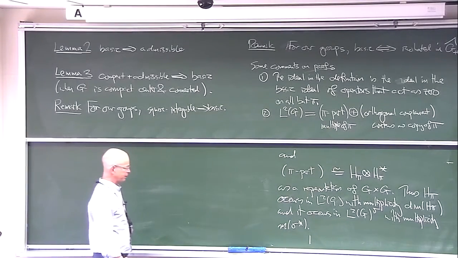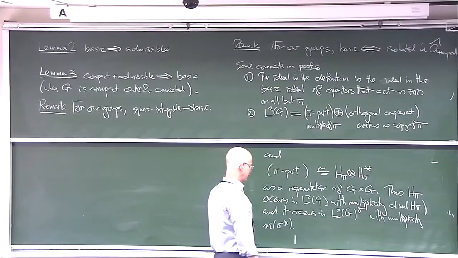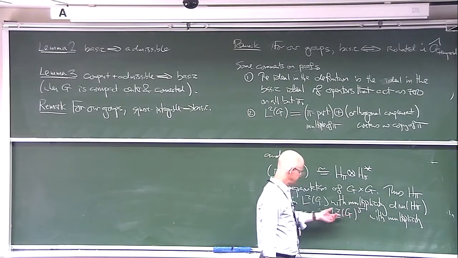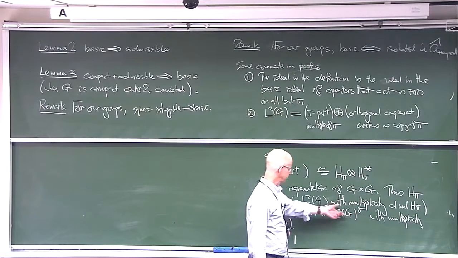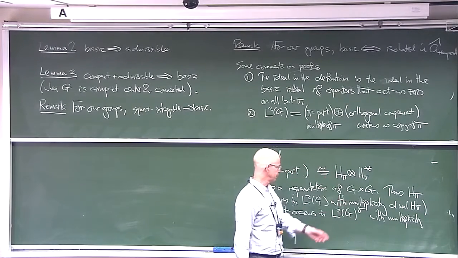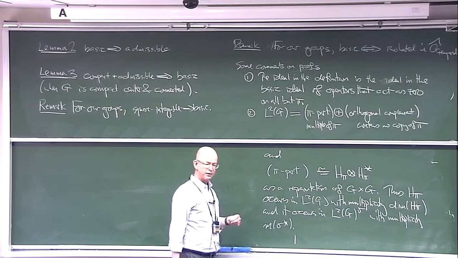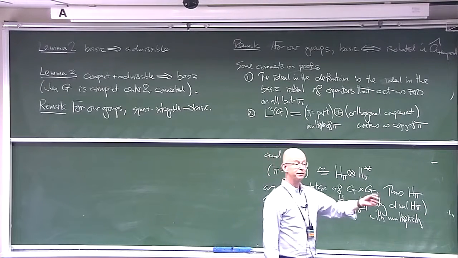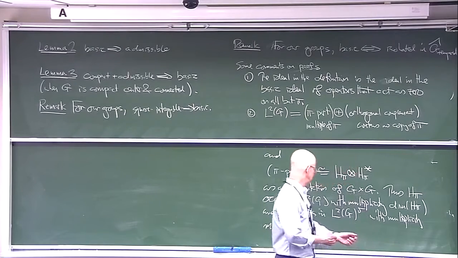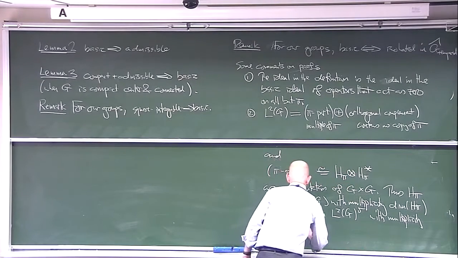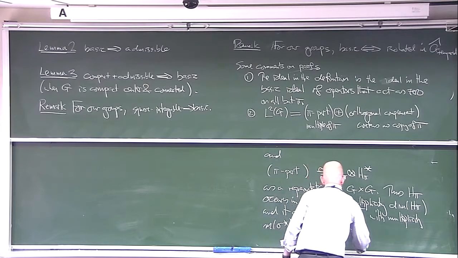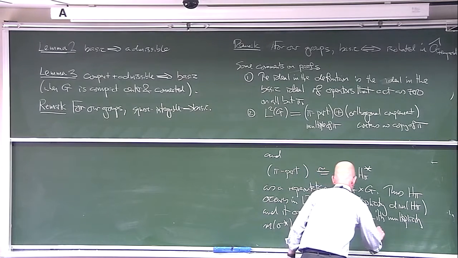If I have a basic representation, then the C-star algebra is acting as compact operators on the intersection of this space with the π part. And so the representation can only occur with finite multiplicity. If you take a single operator and you take an infinite direct sum of itself, it's not going to be compact anymore. So basic implies exactly that all of these multiplicities are finite.